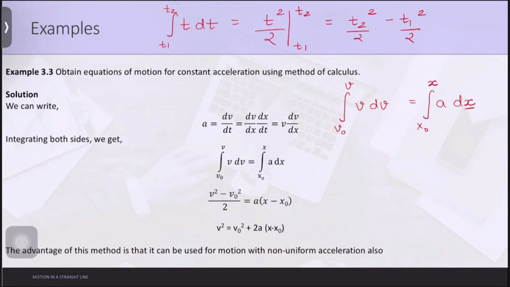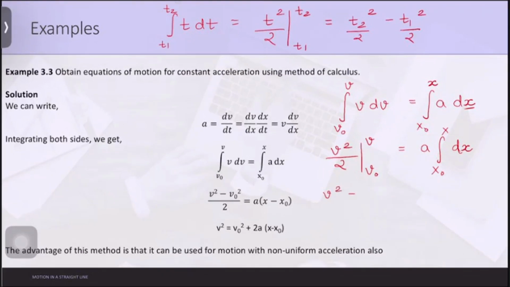Fine. Similarly, if you do for this location, we'll get v square by 2, that is v naught to v, which is equal to a can come out, equal to x naught to x a dx. So this will change to v square minus v naught square, final minus initial.